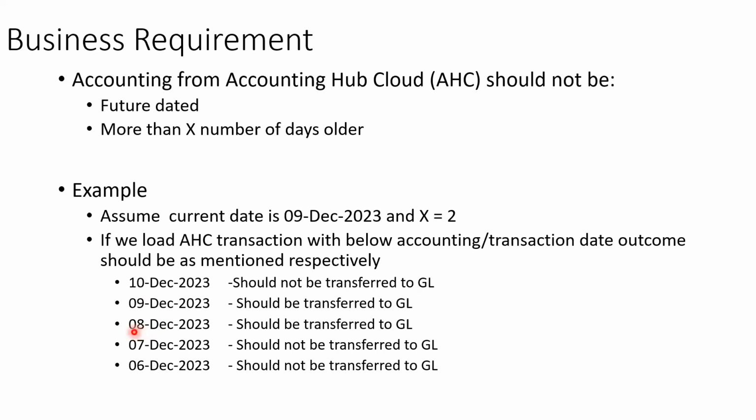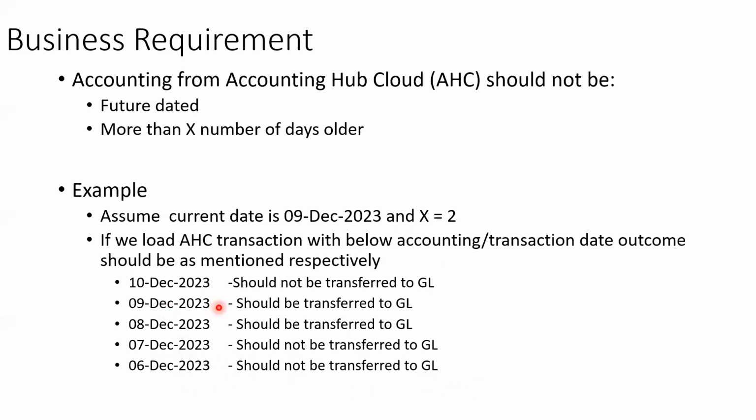Similarly, for 8th December, it should get transferred to GL. But if we get a transaction dated 7th of December, then it should not be transferred to GL. Why? Because it's more than 2 days older than the date on which I'm creating the accounting, and so on and so forth.